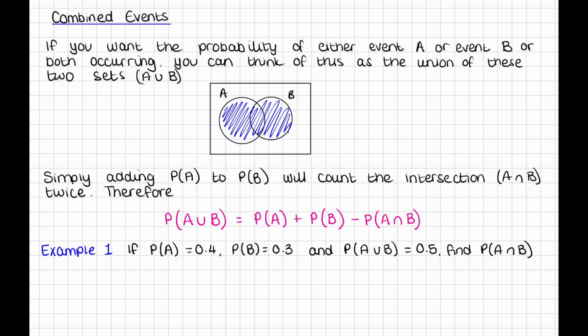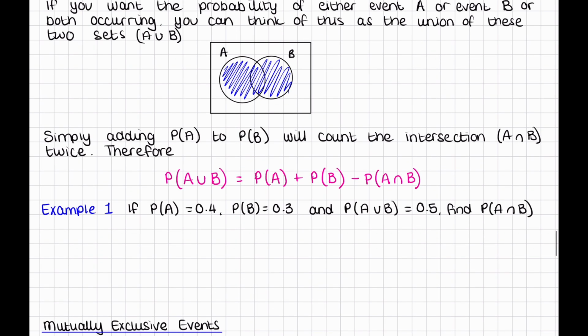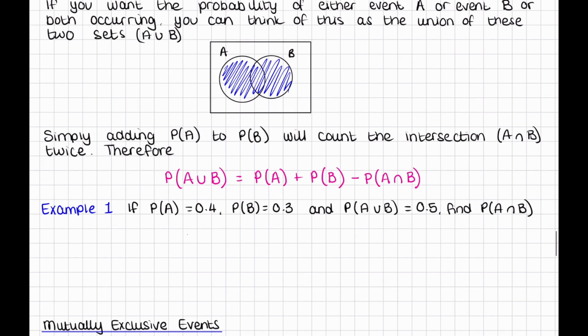Quick example: if the probability of A equals 0.4 and the probability of B equals 0.3, and then the probability of A or B equals 0.5, find the probability of A and B. So all we need to do here is just use the rule. We know the probability of A or B is 0.5, so we'll have 0.5 equals probability of A, 0.4, plus the probability of B, 0.3, minus the probability of A and B, which is what we're trying to find.